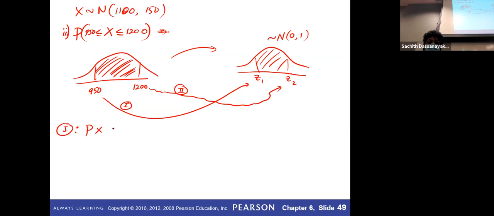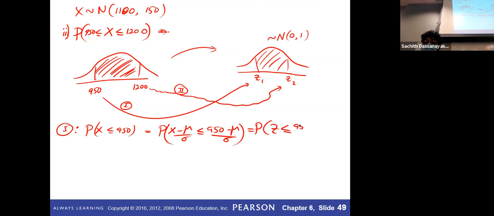Probability of capital X less than or equal 950. I'm going to transform this to standard normal, which means capital X minus mu divided by sigma. This side, 950 minus mu divided by sigma. This means standard normal C less than or equal 950 minus 1100 divided by 100.